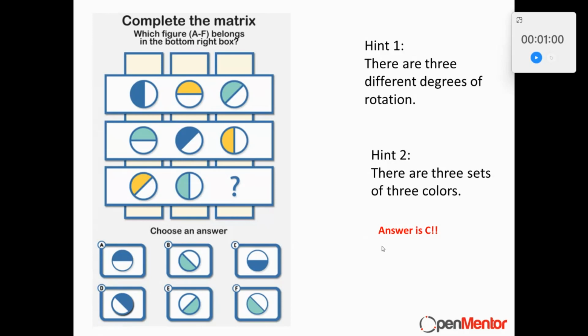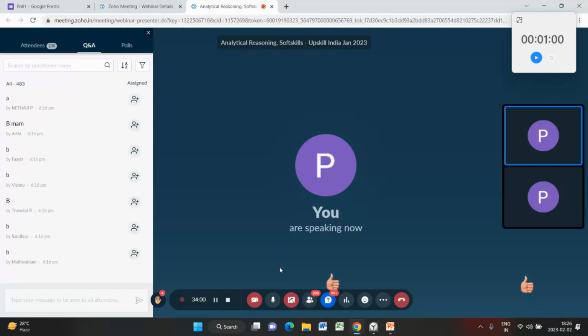I'm saying it is C because I don't see blue here, so I'm bringing blue. I have one blue, one yellow, and one green. Now I have one yellow, one green is there. I want blue, so I'm saying this is C. All of you agree? If you agree, give a thumbs up. If you don't agree, give a thumbs down. Wow, I'm getting so many thumbs down.